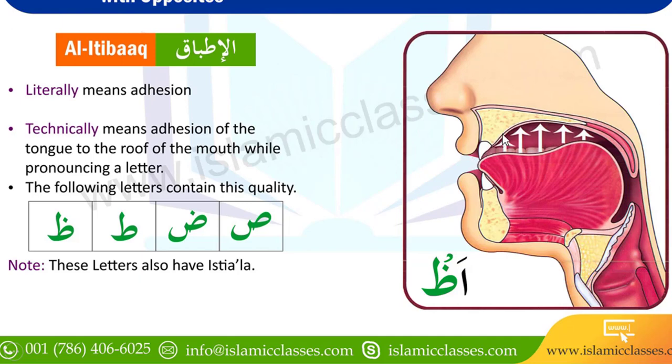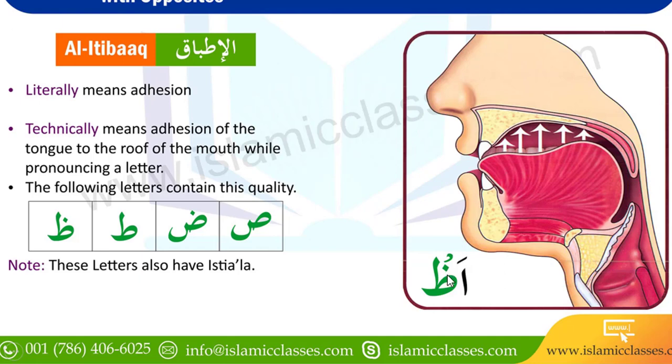The total sound is stuck in your mouth between the roof of the mouth and the tongue. As we say this letter, it is extra bold. The al-isti'la quality makes these letters only heavy, and when the al-itbaaq quality is included, the sound becomes extra bold or extra heavy.